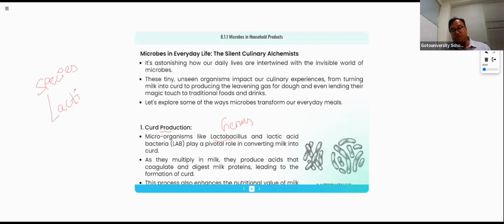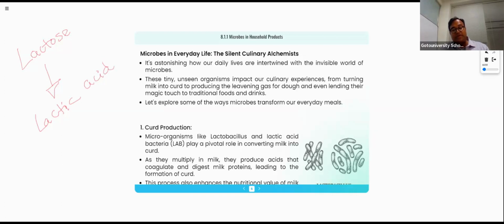Next basic message you need to understand is the milk sugar lactose. Milk sugar lactose is very, very important to make lactic acid in the curd. The curd lactic acid is formed because of the lactose, which is a milk sugar, by using the bacteria called Lactobacillus lacti.